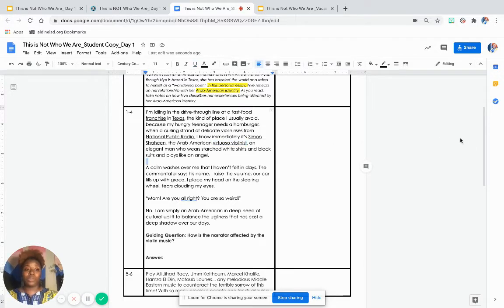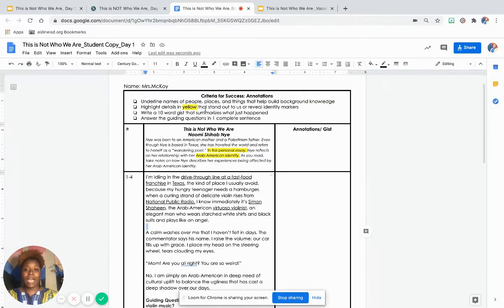The next thing we want to do is highlight details in yellow that stand out to us or reveal identity markers, okay, that help us to understand what Nye's identity is. The kind of place I usually avoid because my hungry teenager needs a hamburger. I'm going to highlight this because this tells me something about Nye's identity.